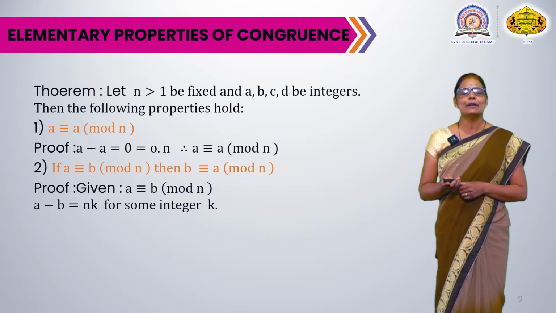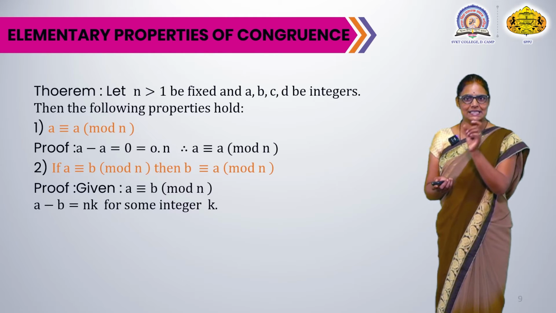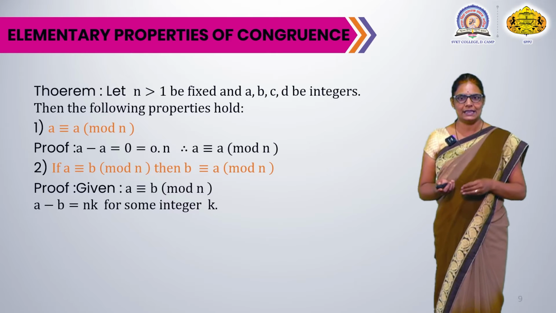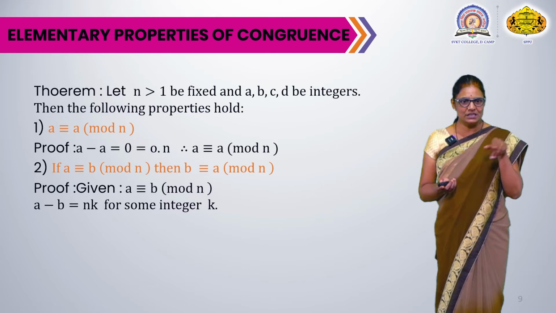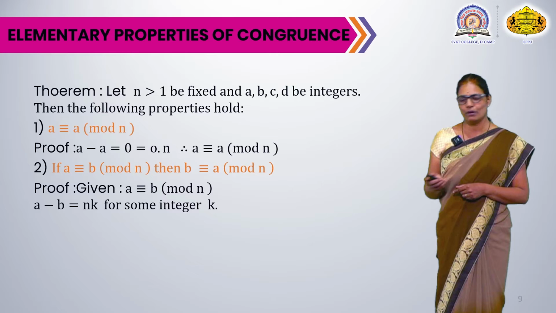So we want to prove that b is congruent to a modulo n, that is, we want to show that b minus a is an integral multiple of n. If you observe the equation a minus b is equal to nk, just multiply this equation by minus 1.